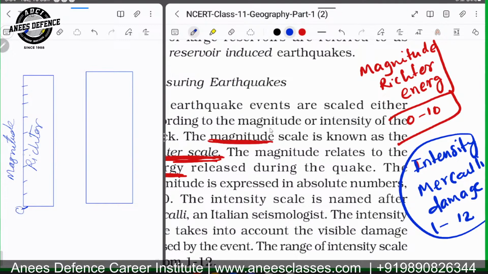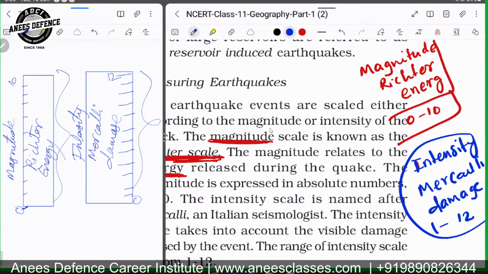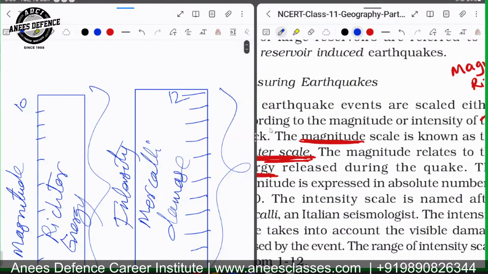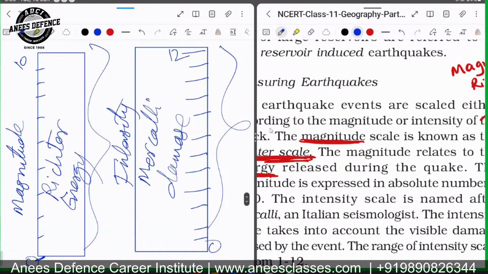Then this will be 0 to 10, and it will measure the energy. And another you will have is the intensity, which will be measured in Mercalli, which will measure the damage, and which will measure 1, 2, 3, 4, 5, 6, 7, 8, 9, 10, 11, 12. So it will be 0 to 12. So this is how the images will be seen, different scales.